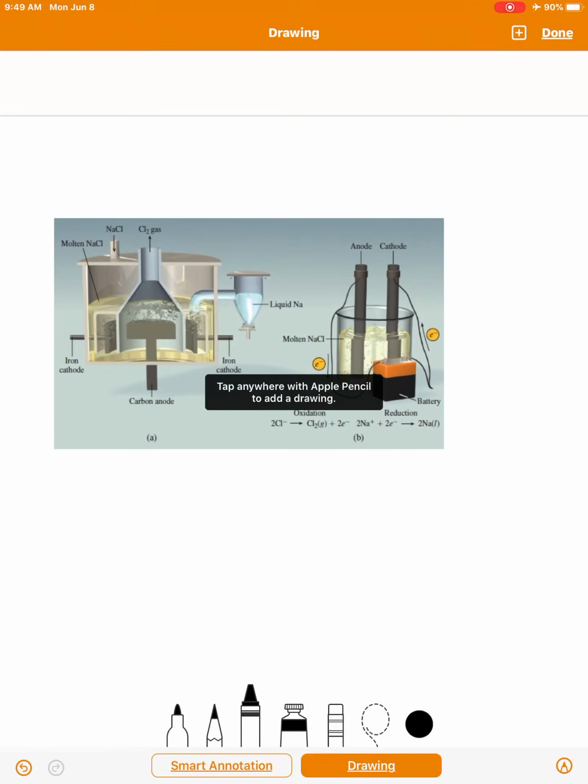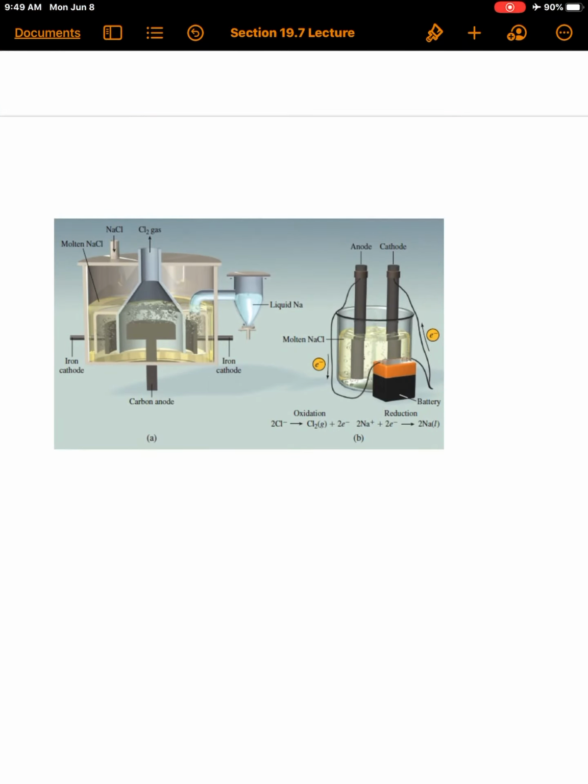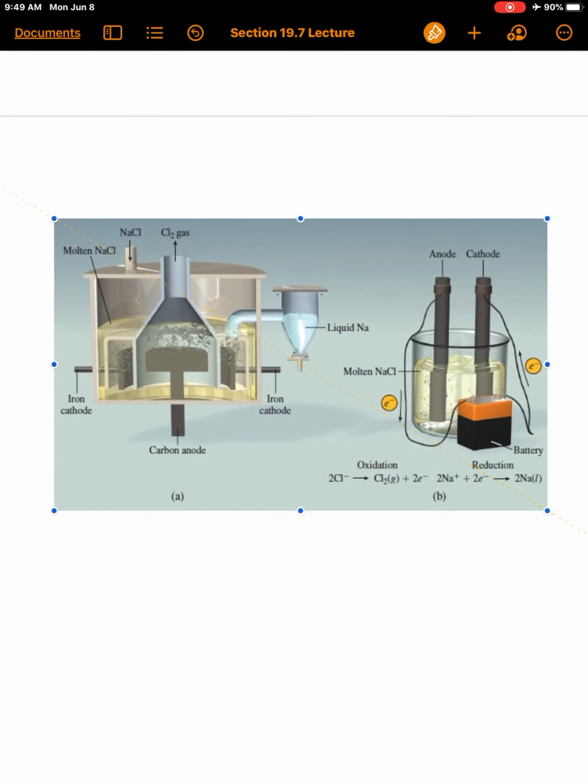Here's one right here. This image here is one of the electrolysis of molten sodium chloride, which is done at the industrial level. So on the left is an industrial description of how you would go about doing this. On the right is how you could even do this in a laboratory or at home. So the idea is that sodium chloride is a solid, right?